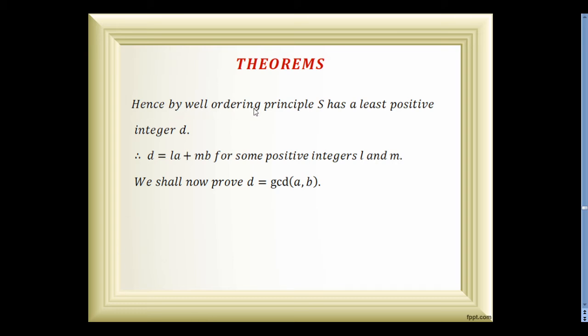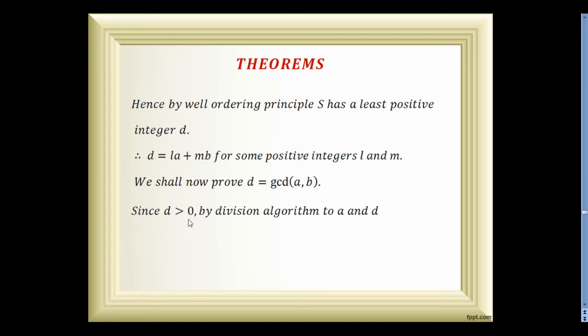Hence, by the well-ordering principle, S has a least positive integer d. So d can be written as l a plus m b for some integers l and m. Now we shall prove d equals GCD of a comma b.